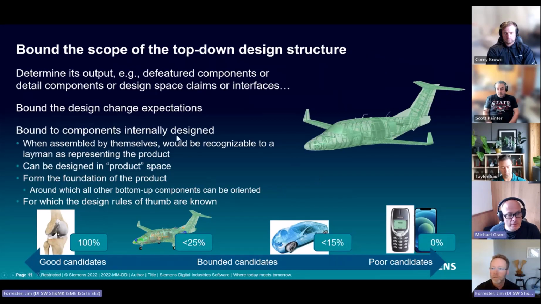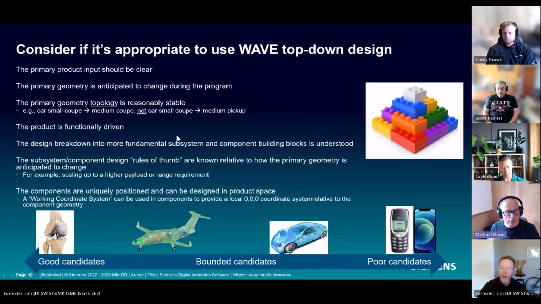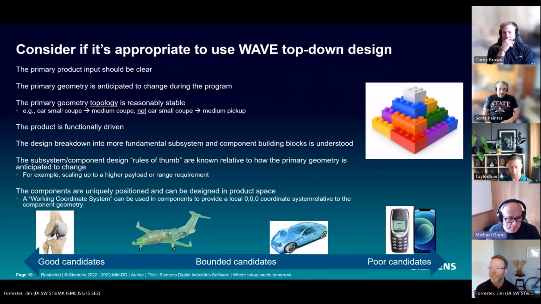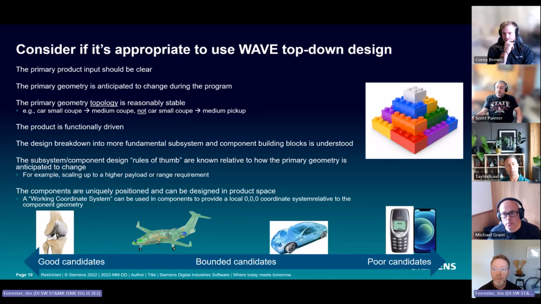Jim, on your last point there, the components are uniquely positioned. Are you saying that the product can be designed in its own part space, but then it's going to reflect a different space in the assembly? No, the opposite. The part is designed in product space.